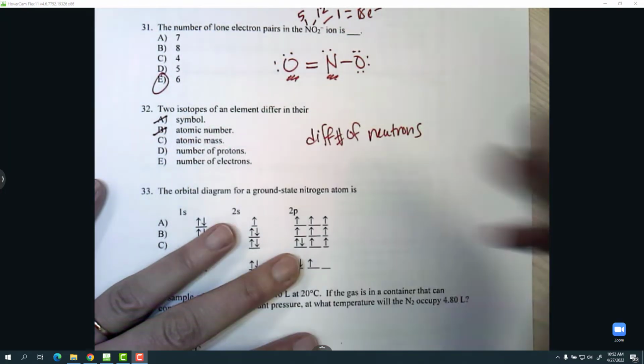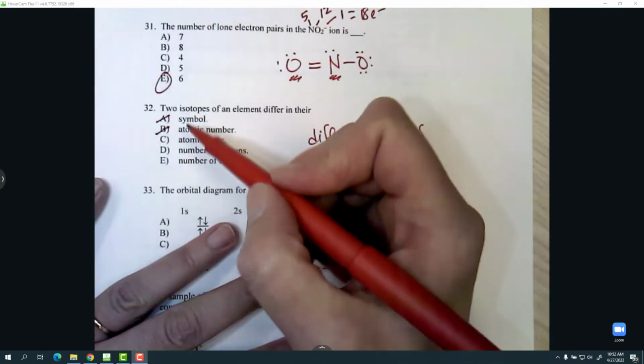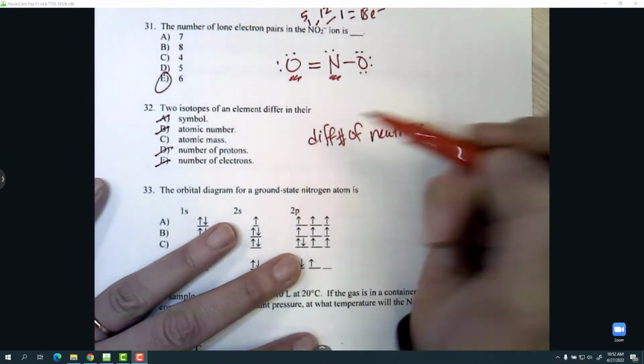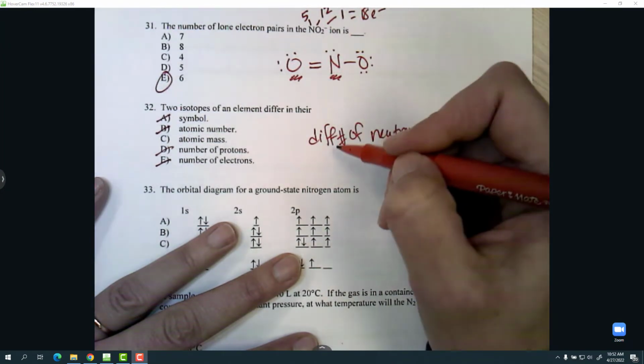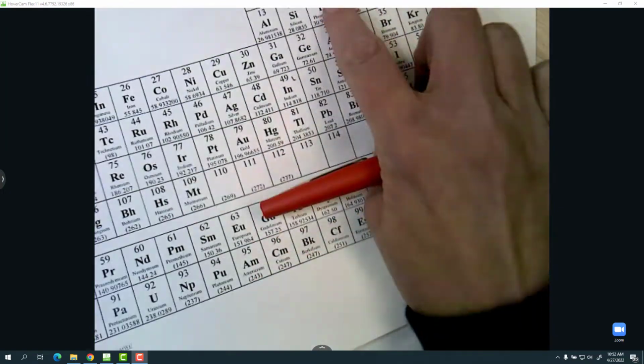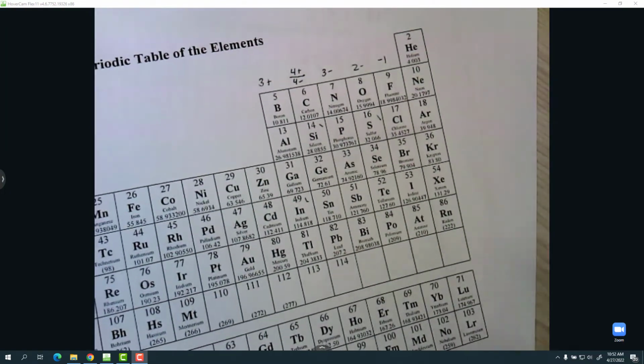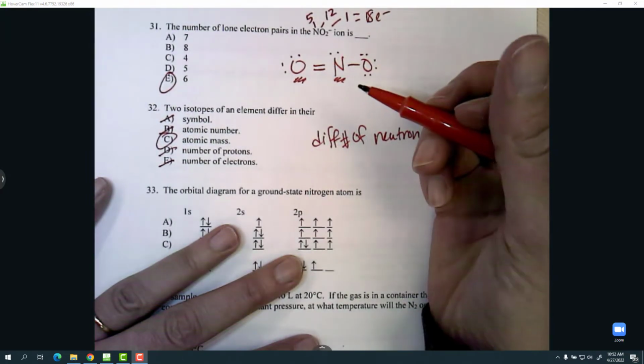It doesn't change their symbol. I think symbol meaning like calcium, like Ca. Doesn't change their protons or electrons. It does change their atomic mass. Remember that mass number on top is what changes. And that's what these masses on here are, a combination of all the different isotopes. So it would be that.